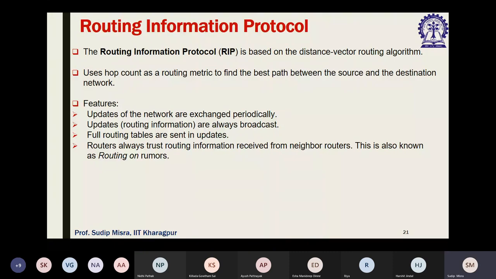This invalid or the expiration timer is for just in case any router gets disconnected from the rest of the network. Then how long is the neighbor going to wait to hear the routing update from its neighbor who has got disconnected?